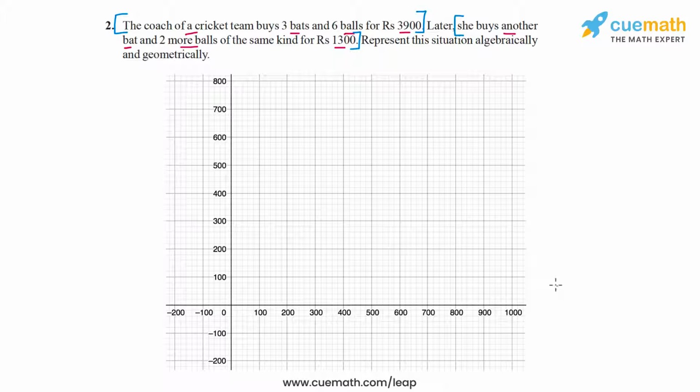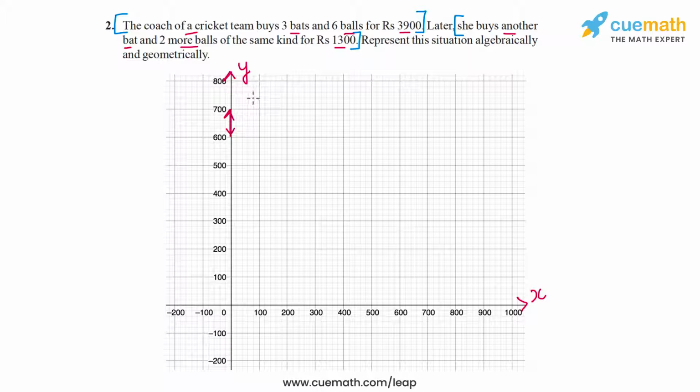So here's our axis with the horizontal axis representing x, which is the cost of one bat, and the vertical axis representing y, which is the cost of one ball. I'm using a scale of 1 unit representing 100 rupees on both the axes because this will make the lines easier to plot.